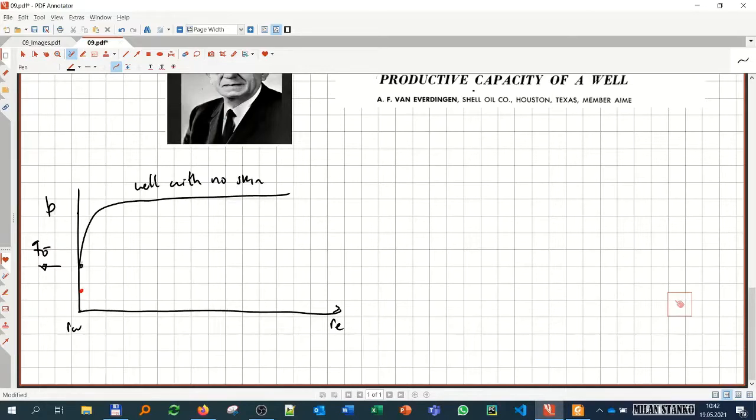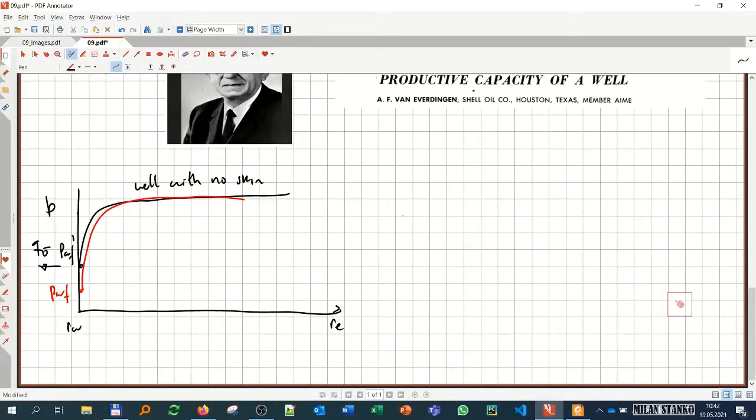Actually I need to have some PWF here that I'm going to call prime, for a well with no skin, but in the actual case I'm going to have something like this, where we have a PWF which is actually lower. That means I need a bigger drawdown to get the same rate.